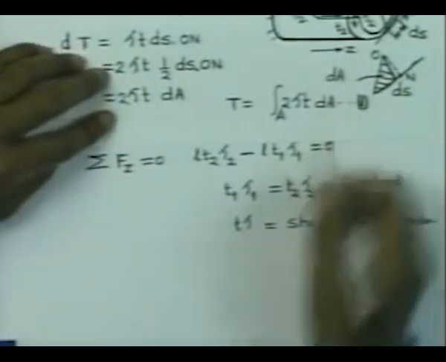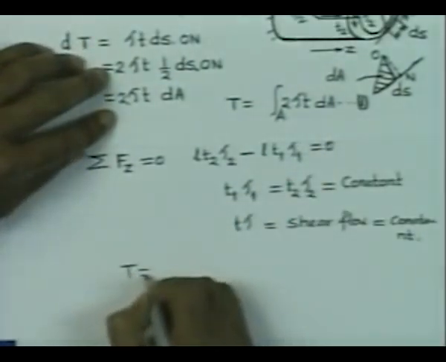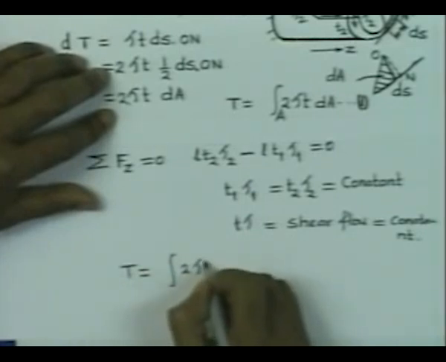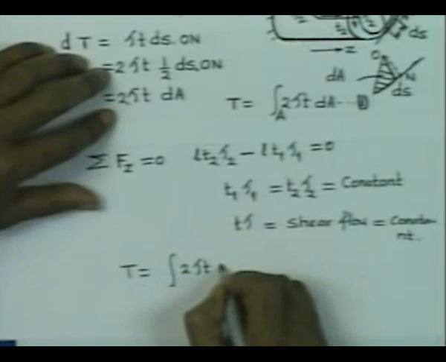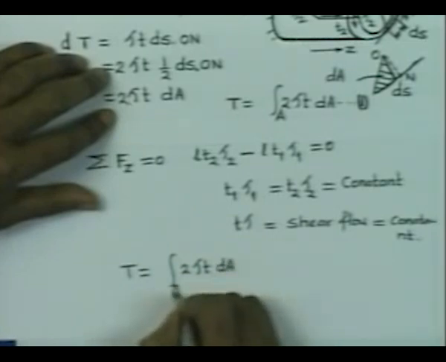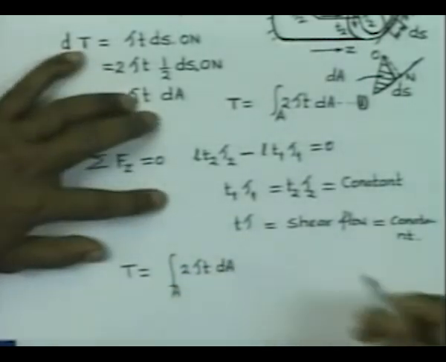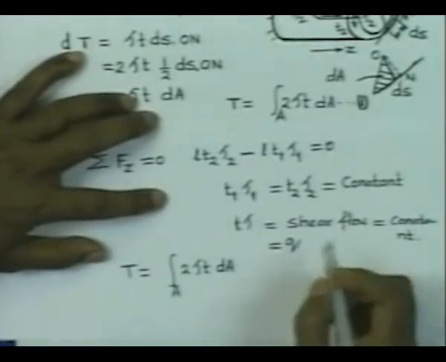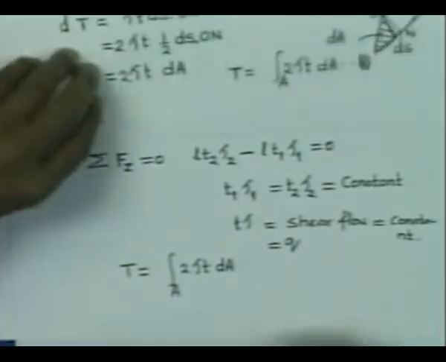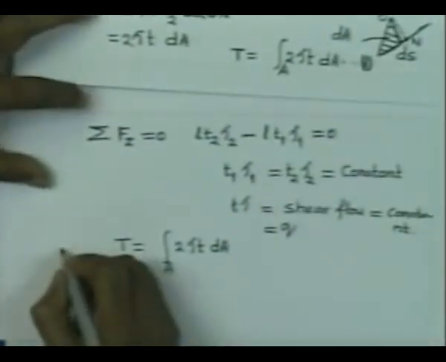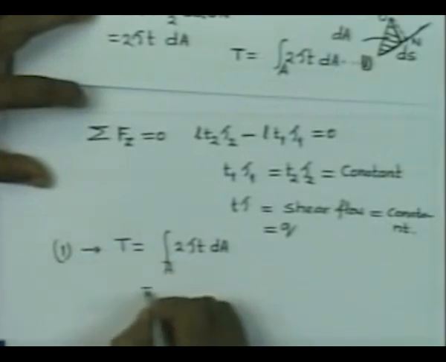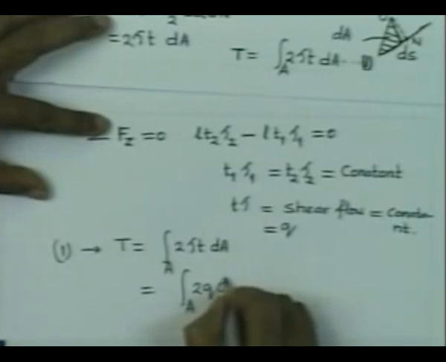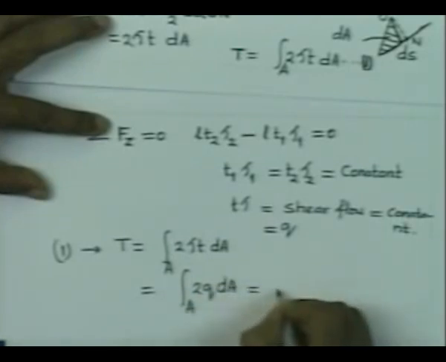Getting back to relation 1, we have T is equal to 2 times integral of T into tau into T into dA, and this is over the whole cross section. If we represent this shear flow to be equal to Q, let us say shear flow is Q, then from 1 we have integral of 2Q dA, and Q is constant.